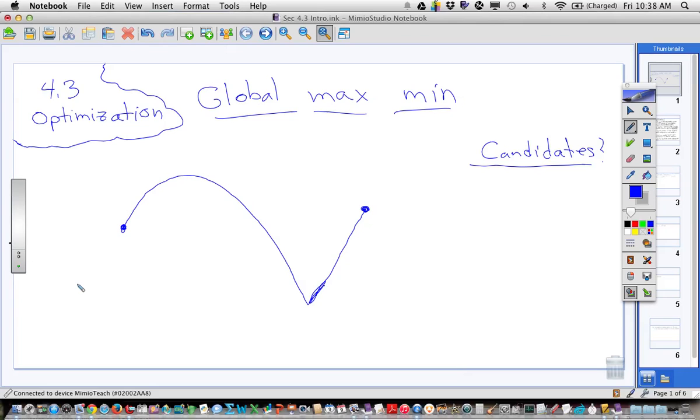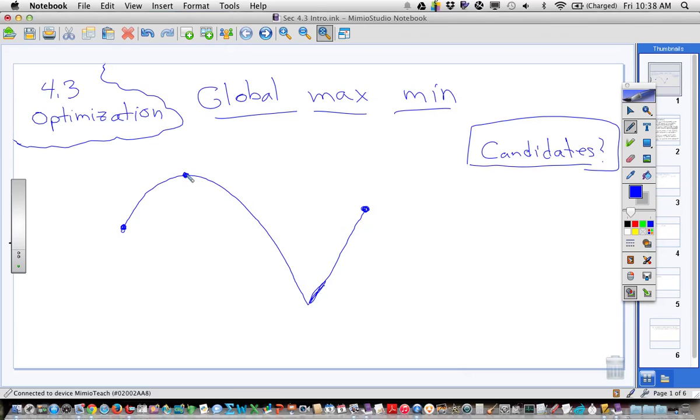All right, so I've got a function here. And the first thing I want to talk about in a global max or min is: where do I look? Where do I look for the possible maxes and mins? Well, one was the endpoints. Now in this example, it's not my endpoints, is it? Where is my max on this one? Right here.